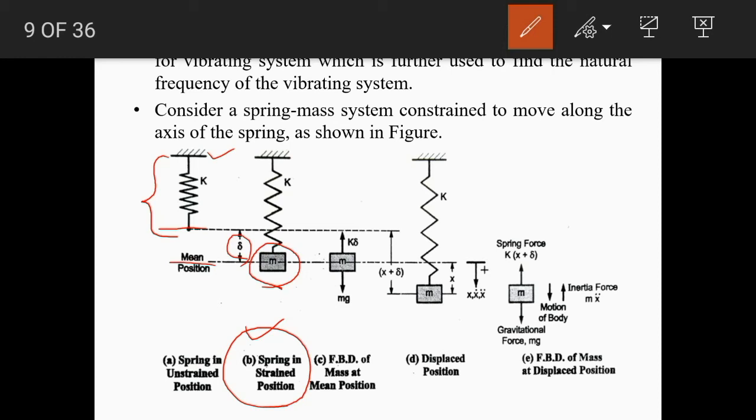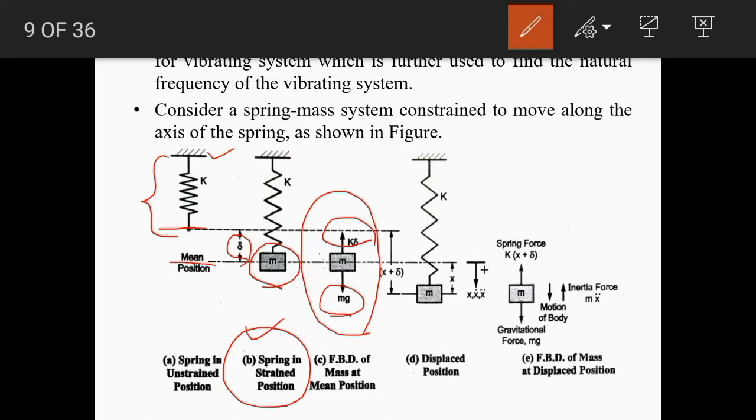Here we already know that at this state the system is subjected to two forces. The first is due to weight, equal to mg, acting in the downward direction, while due to the deflection of the spring, the spring force acts in the upward direction, and its magnitude depends on the stiffness of the spring. Let it be k into delta. Under the action of these two forces, the system is in static equilibrium.